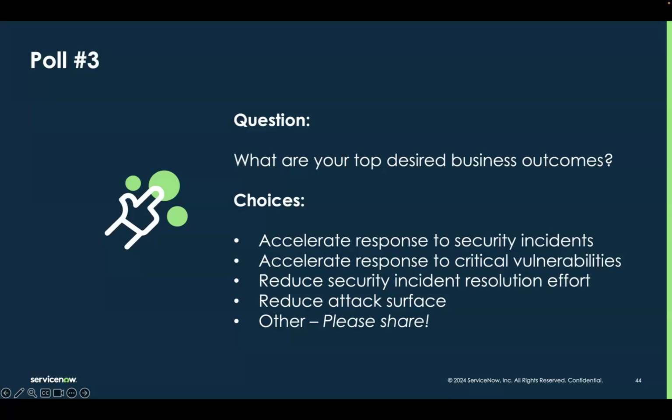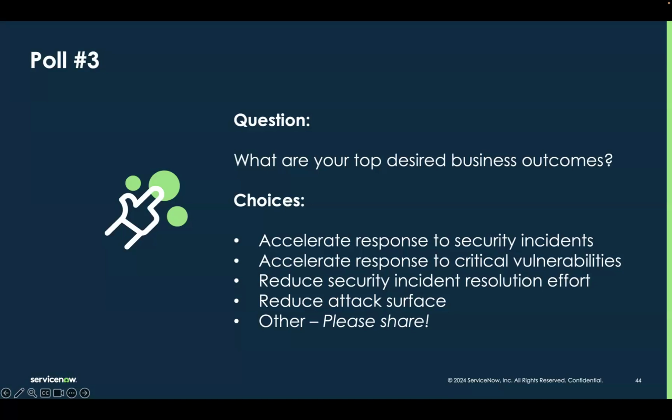Feel free to choose one of the choices that are popping up, and we'll see what the response is. Looks like I think it's a lot of mixed responses that we are getting. I think a lot of you are responding to the first option, which is accelerating response to security incidents.